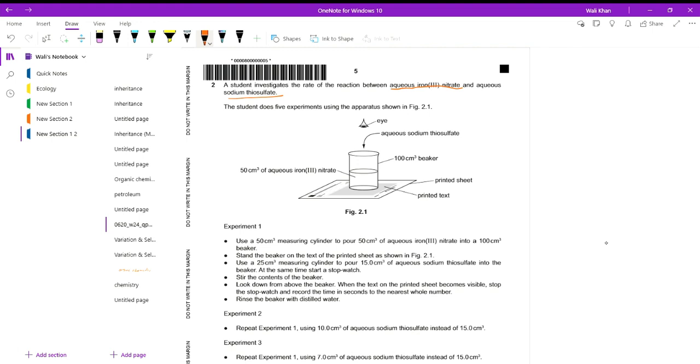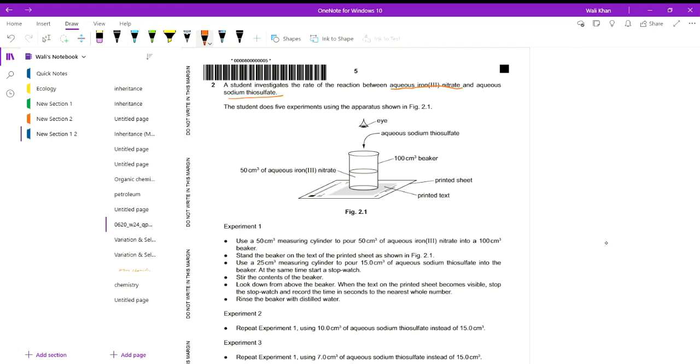Use a 50 centimeter cube measuring cylinder to pour 50 centimeter cube of aqueous iron nitrate into a 100 centimeter cube beaker. Now, this is how they have set up the experiment, and they explain it. Stand the beaker on the text of the printed sheet as shown in the figure.